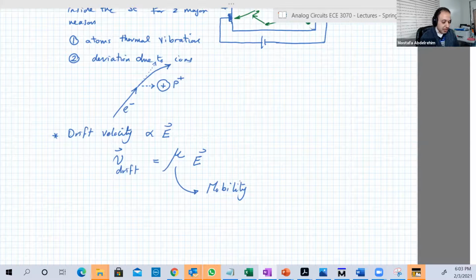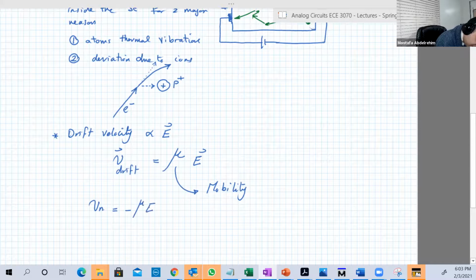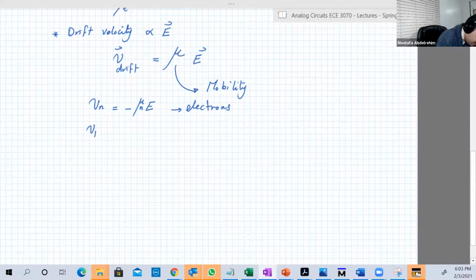And it turns out there are two mobilities. Electrons have a mobility that is different from the hole mobility. So we have two equations. We have Vn equal to minus mu n E, this is for electrons, and we have Vp equal to mu p E, this is for holes.